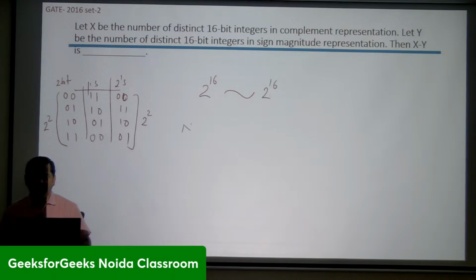For any n-bit distinct numbers, possible numbers are 2 to the power n. Complements are only alternate representations, not replacements. That means for n distinct numbers there are n distinct complements, so the total number of elements in the complement is again 2 to the power n.